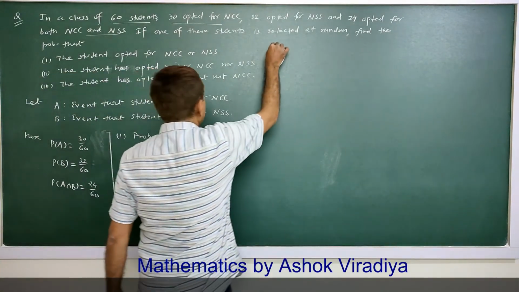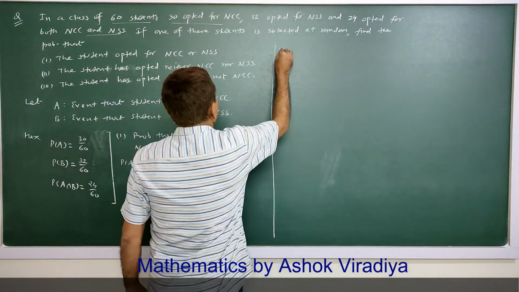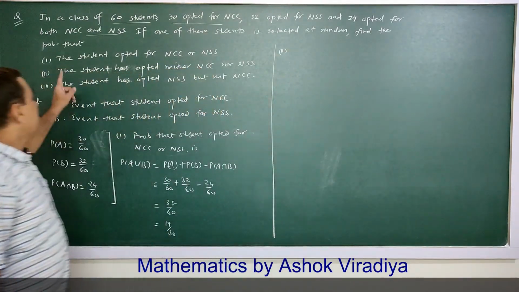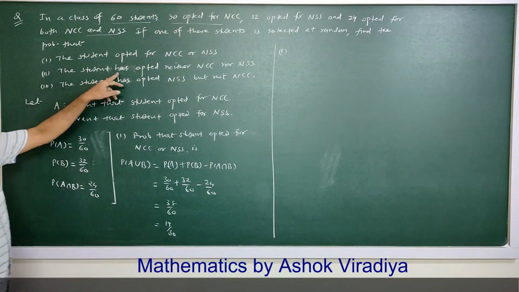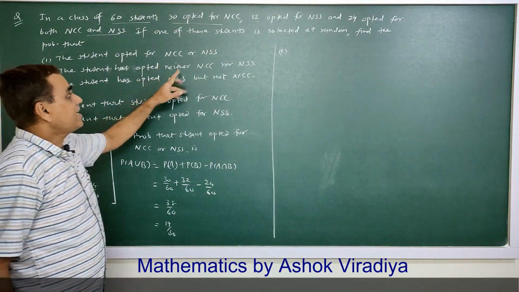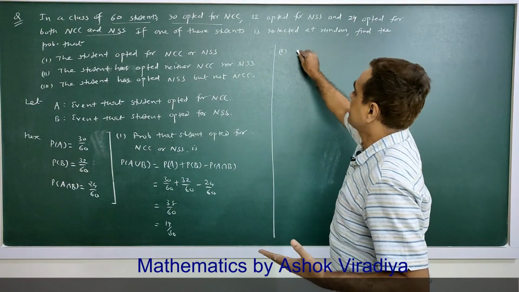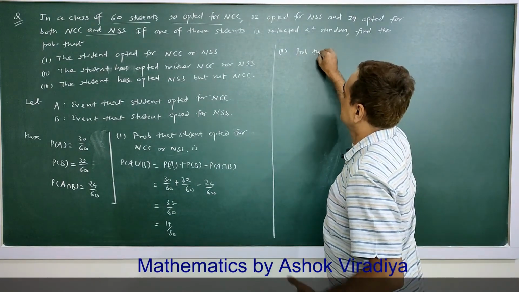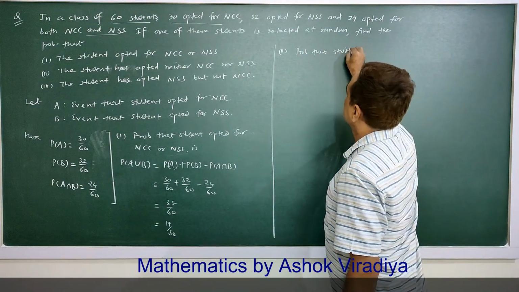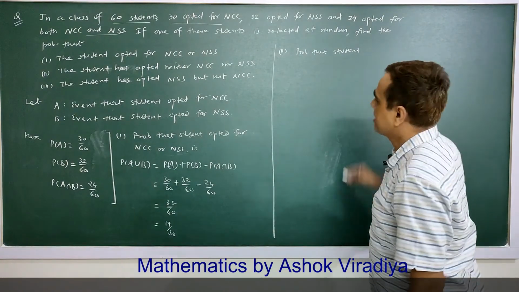The second question is the probability that the student has opted neither NCC nor NSS.